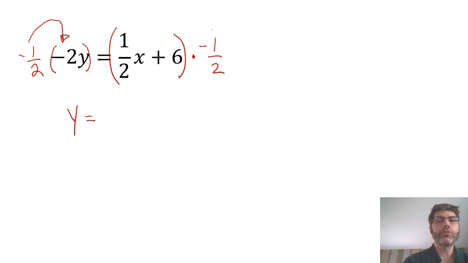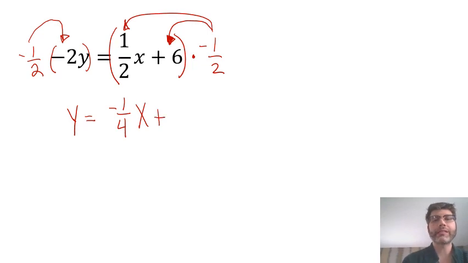Now we need to distribute this -1/2 over every other term in the equation. So -1/2 times a +1/2 is a -1/4. So that'll make -1/4 x plus 6 times -1/2. Half of 6 is 3, so that's -3.